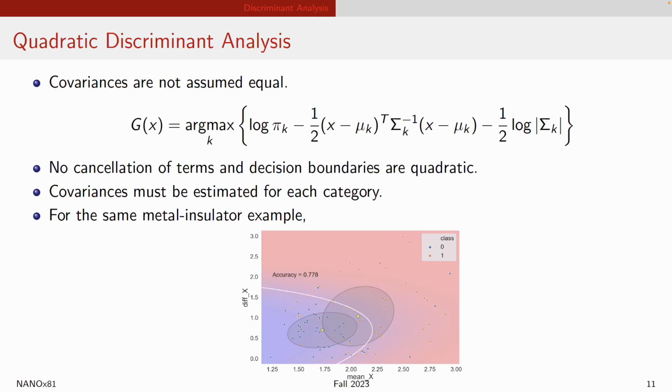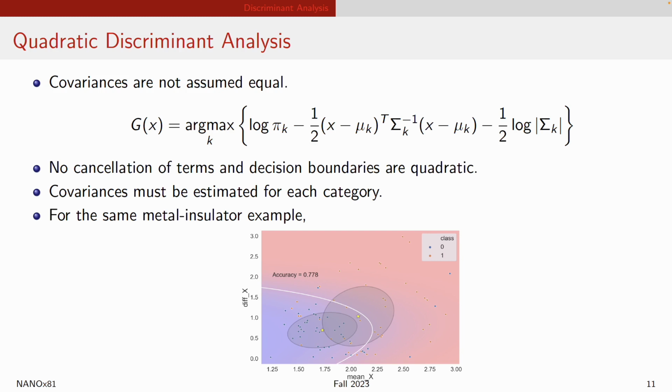Now, if you do that, you will get a result like this. The boundary looks like a quadratic function. Okay. Now, the other thing that you need to observe is that now my ellipses are no longer the same, right? It's quite clear that, for example, in my metals class, the covariance matrix has a smaller covariance, right?